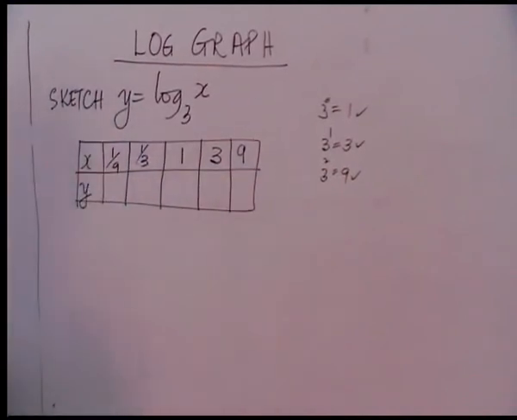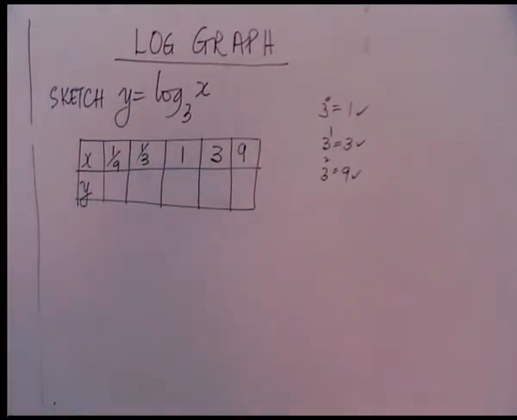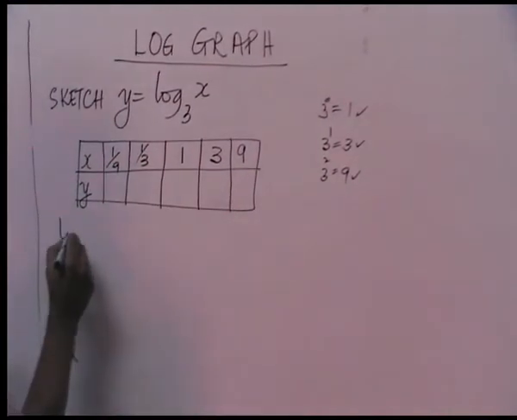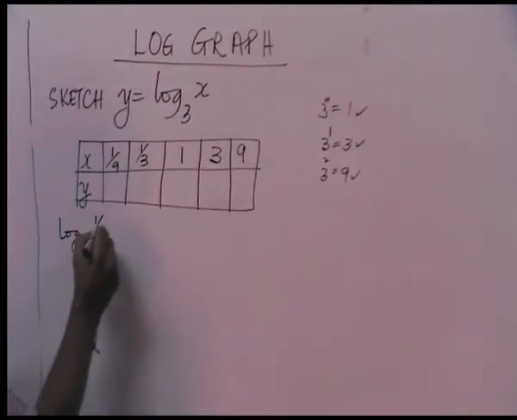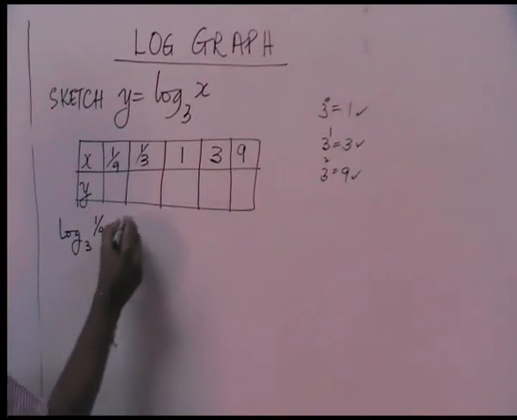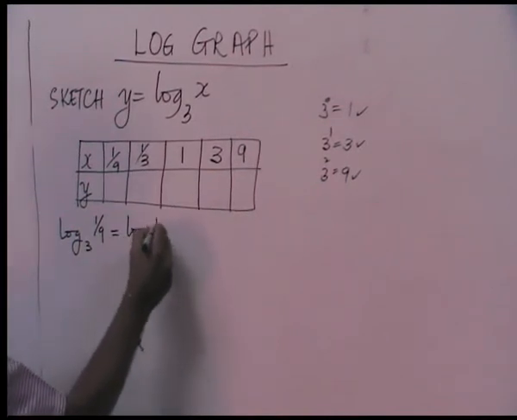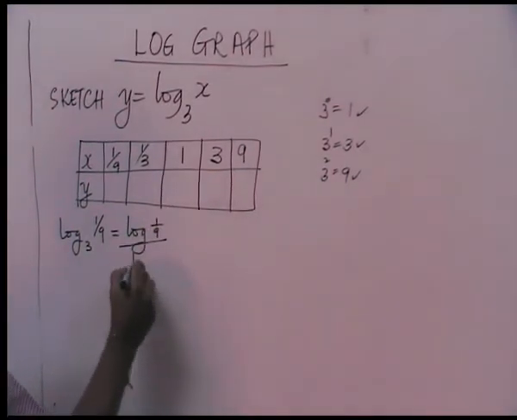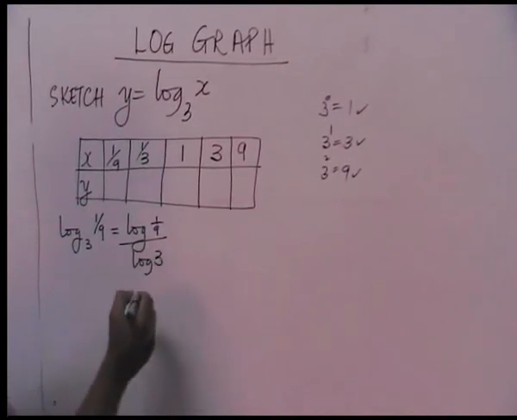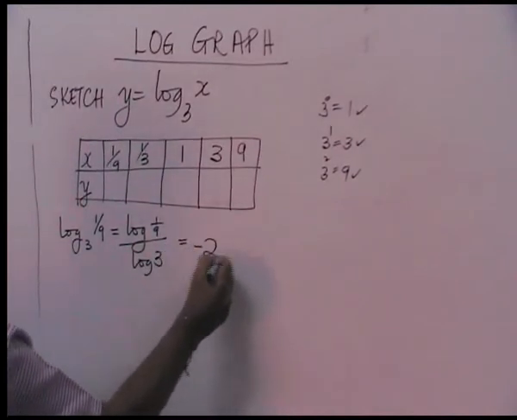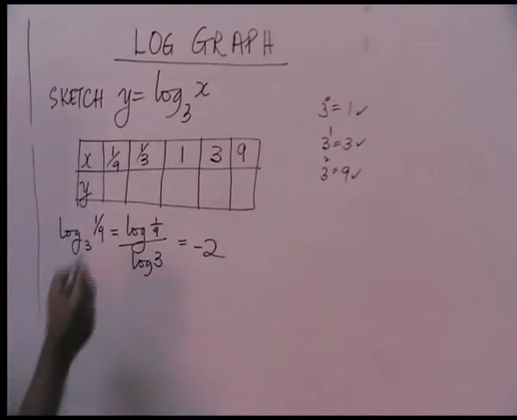So if you take the first one, you'll say log of 1/9 to the base 3. Then you will change base, log of 1/9 all over log of 3. Put it in your calculator and you will get minus 2.